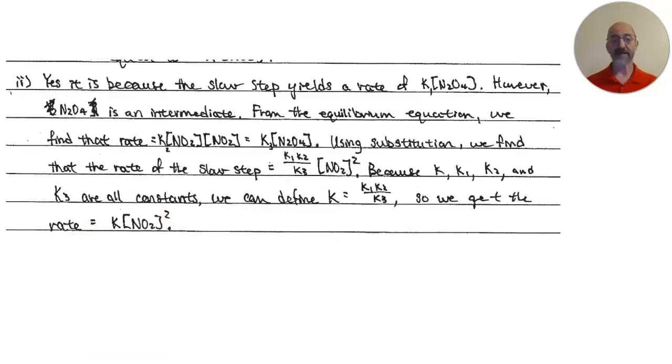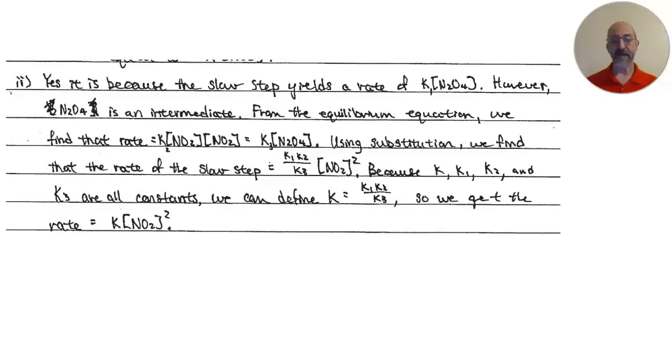They said, yes, it is, because the slow step yields a rate of K times N2O4. And they say, however, N2O4 is an intermediate. And then they talk about the equilibrium equation, and they do that substitution procedure. We find that the rate is equal to, and there's all those Ks, K1, K2, K3, times concentration of NO2 squared.